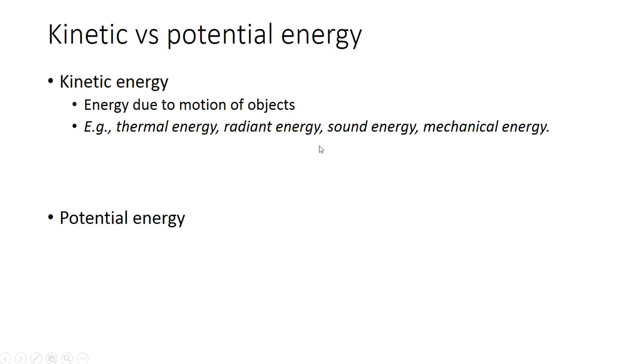And then we have radiant energy, which is also part of kinetic energy. Radiant energy is energy from the sun, or energy from radiation. So as we will see later, energy from radiation has the speed of electromagnetic radiation, that is the speed of light. So you can see that the energy that is involved here is kinetic.